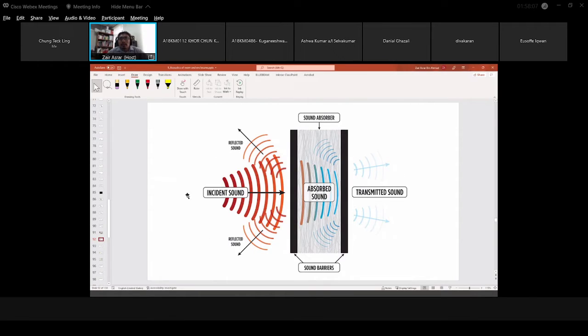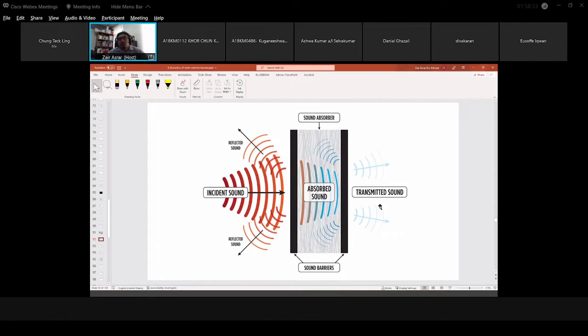Alright, so we know if we have a wall or sound barrier, we have incident sound being reflected. Some portion of this sound energy will be absorbed by the wall, and some of it will be transmitted to the other side of the wall.